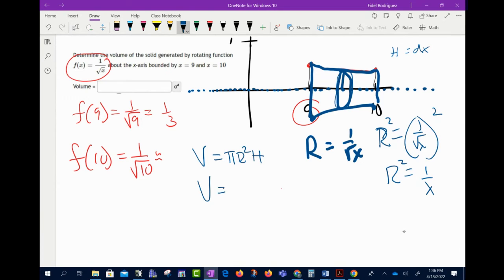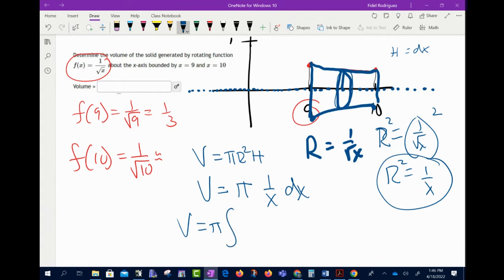So in my case we're going to have V equals pi r squared, where r squared is 1 over x, and my height is dx. What we're going to do now, y'all, is integrate this thing. Look what our limits were. Our limits were from 9 to 10 of 1 over x dx.